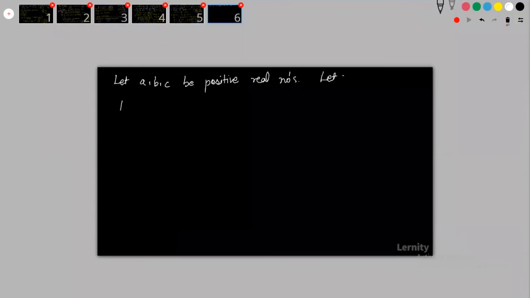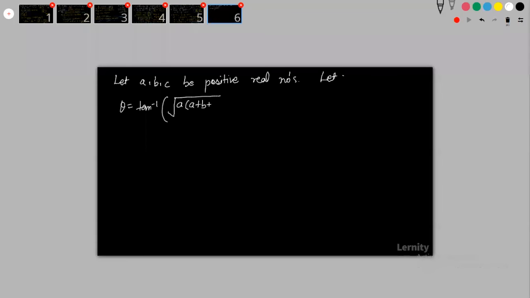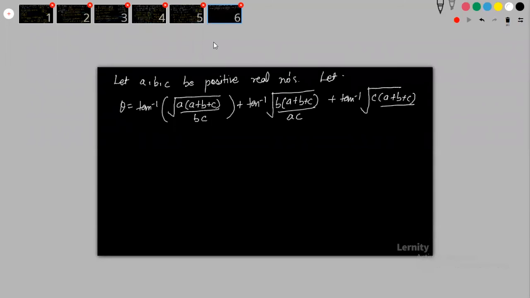Let theta is equal to tan inverse of under the root of A into (A plus B plus C) by BC, plus tan inverse of root of B into (A plus B plus C) by AC, plus tan inverse of under the root of C into (A plus B plus C) by AB.